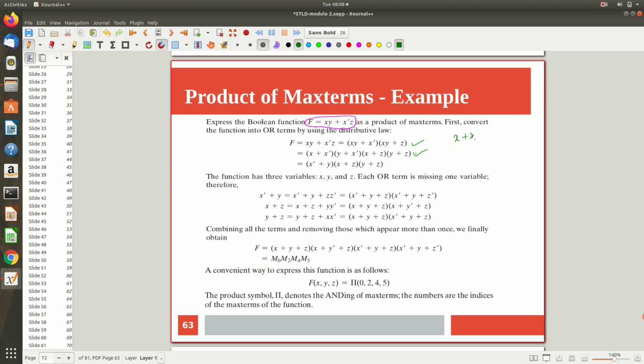By the complement law, it is equivalent to 1. You can see why: 1 plus 0 is 1, 0 plus 1 is 1. So this term is 1, which you can ignore, because 1 into anything is 1. So only three sum terms remain. Now we have the product of sums expression for it.